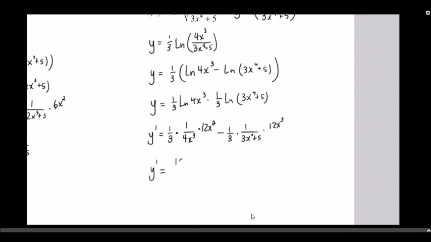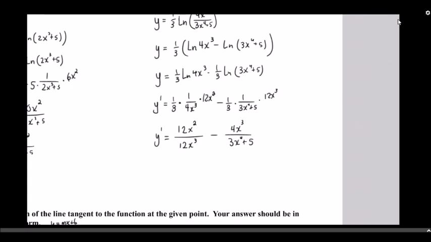Simplifying, we're going to have 12x squared over 12x cubed. And then the 3 here and the 12, that can make 4. X cubed over 3x to the 4th plus 5.